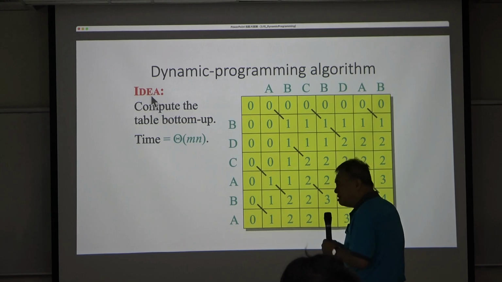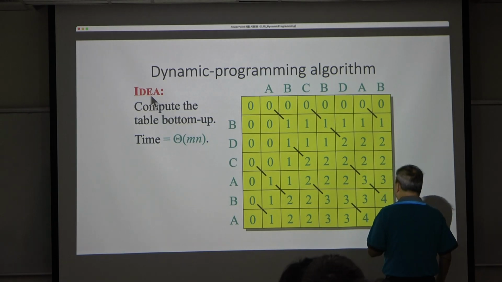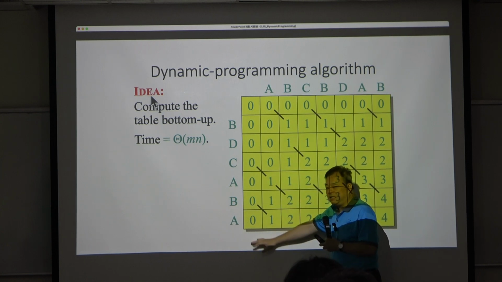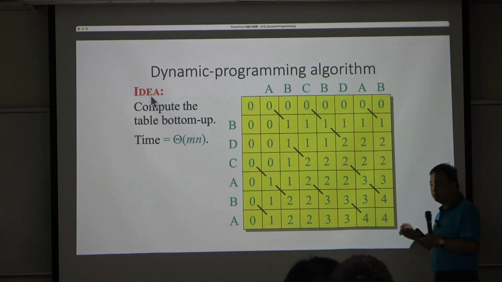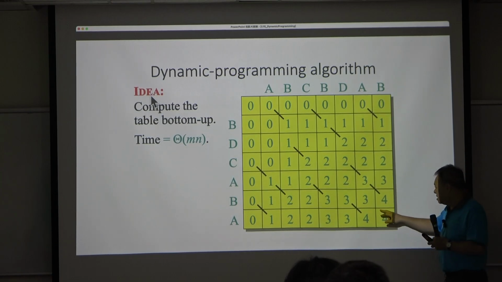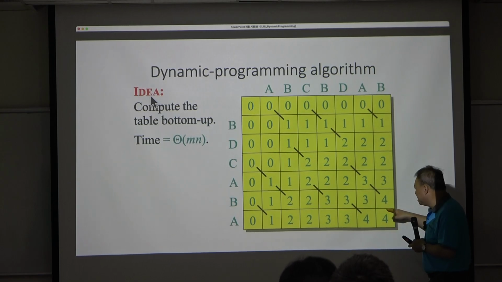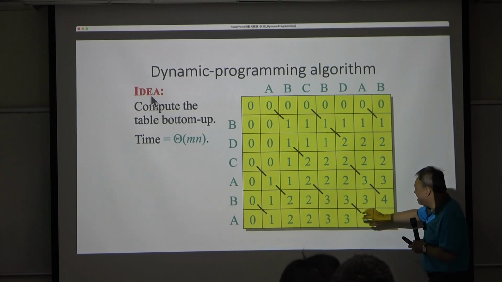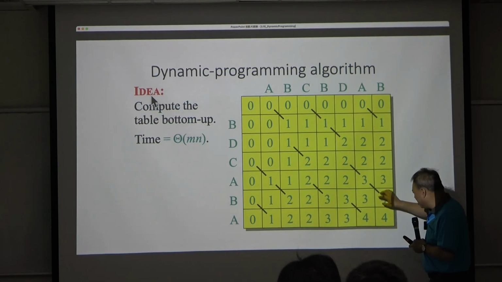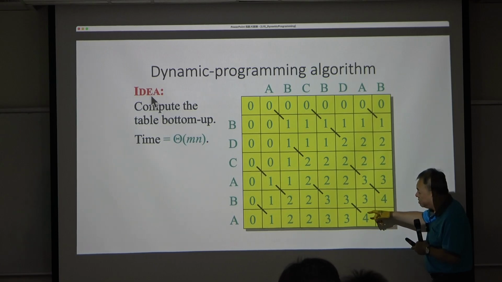So think about this. Now you want to recreate the LCS out of this table. How do we do it? Say this is 4. Does this 4 come from the left side or the top?